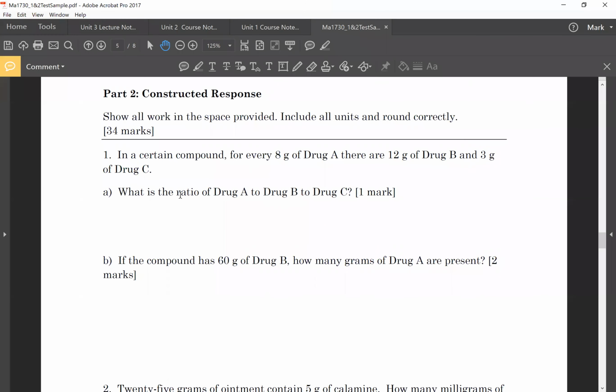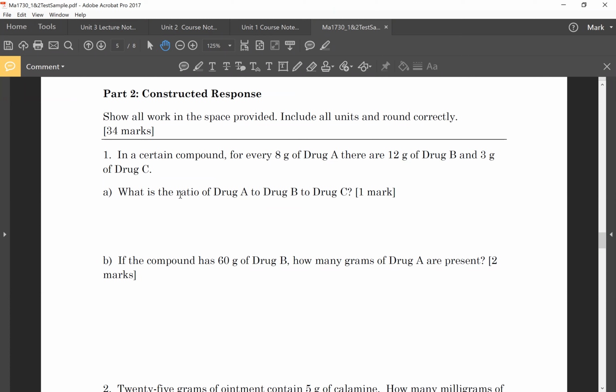All right, so let's look at some of the constructed response, meaning the short answer questions. Some of these are pretty straightforward. Like number 1, very easy.